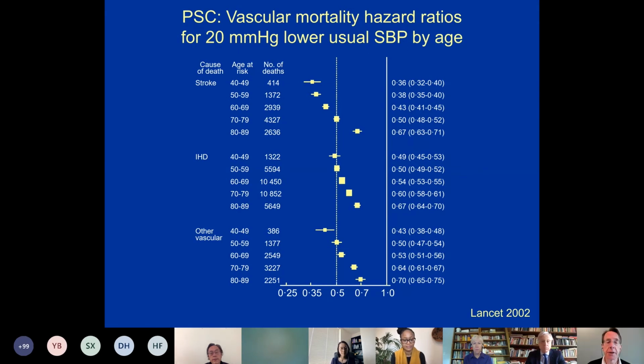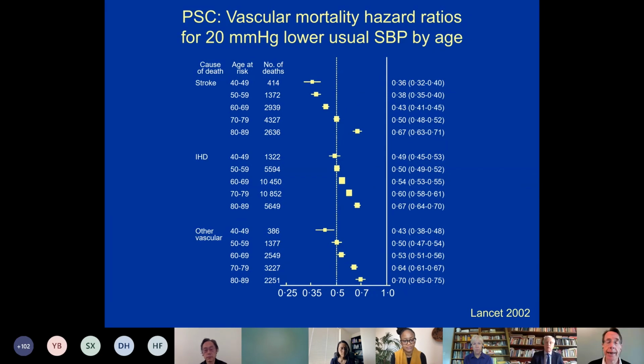So you can see here that the relative risk is stronger at younger ages than at older ages. However, bear in mind that older people have higher absolute risk, so in fact the same absolute difference in blood pressure is associated with a bigger absolute difference in risk in older people than younger people.